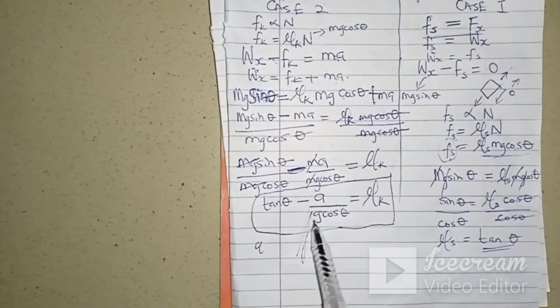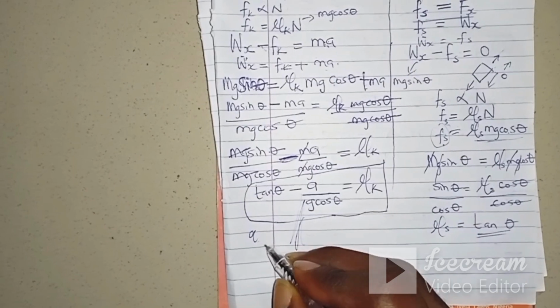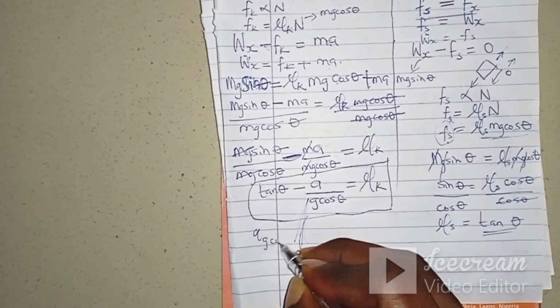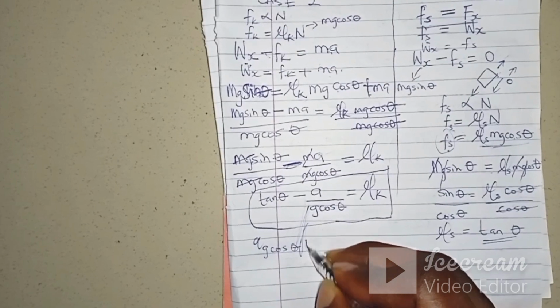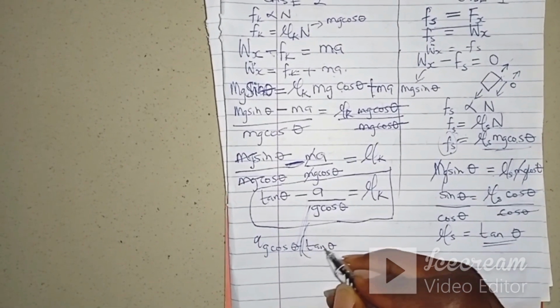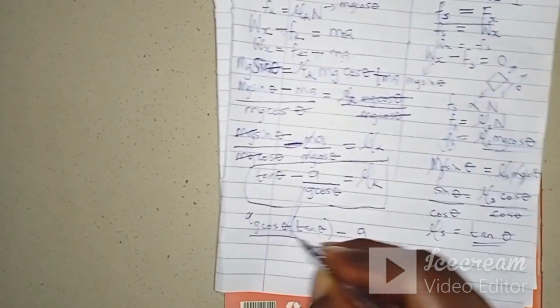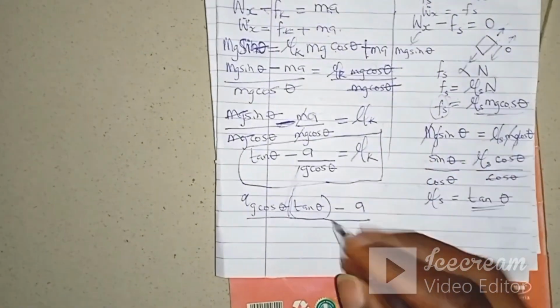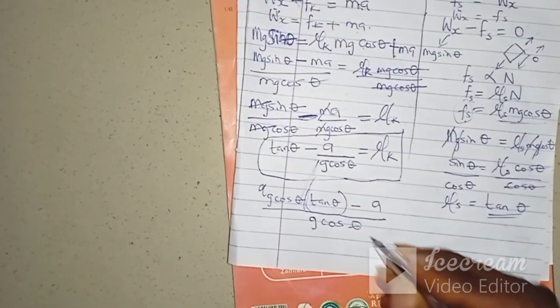You know that this expression I have here can also be written as tan theta minus a over g cos theta.